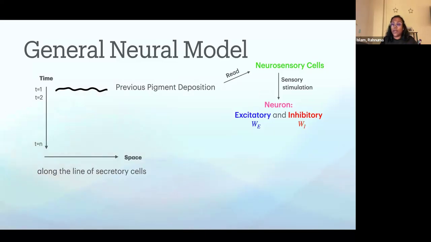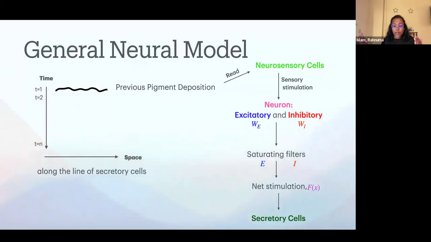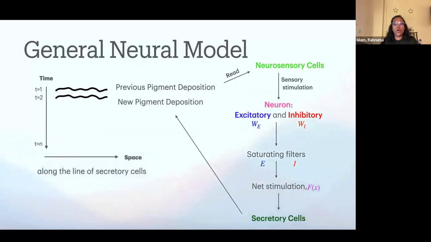Then the excitatory and inhibitory neurons respond to those stimuli by the functions E and I. The net stimulation from the neurons is given by the function f of x, and that is sent to the secretory cells, which deposit the next layer of pigmentation.